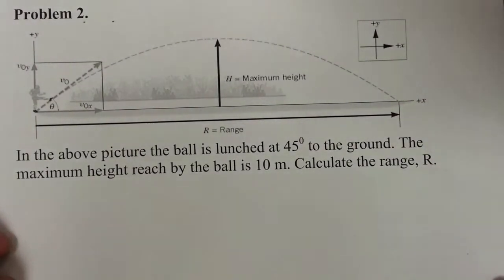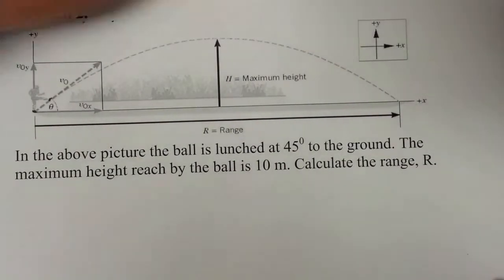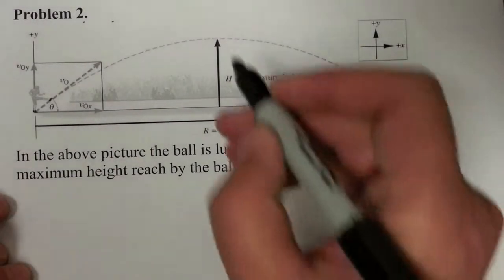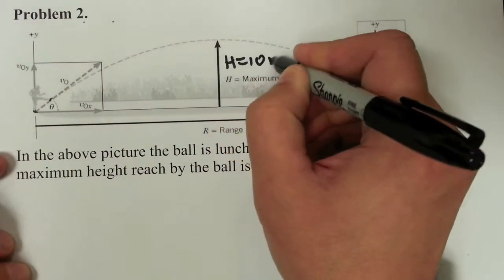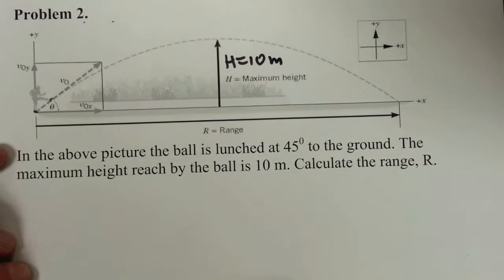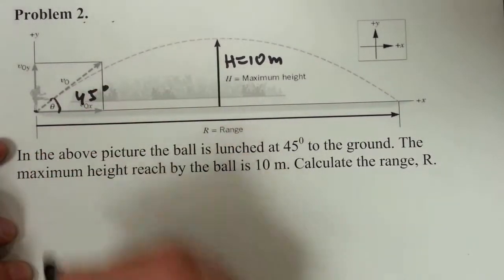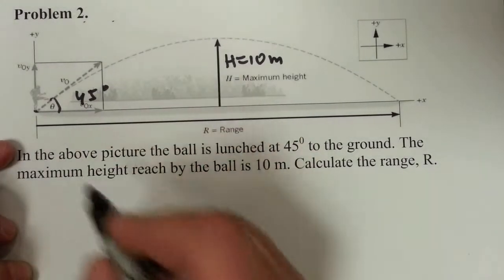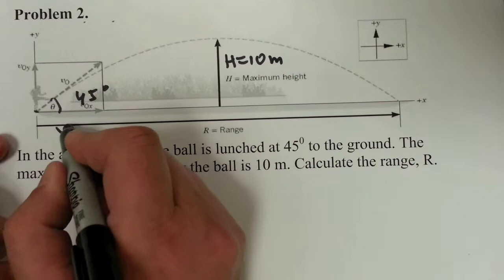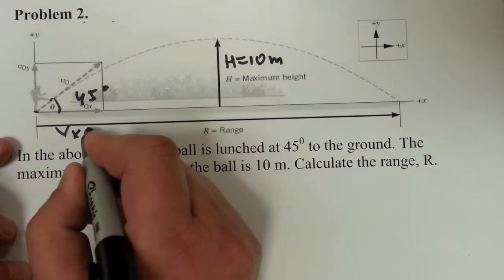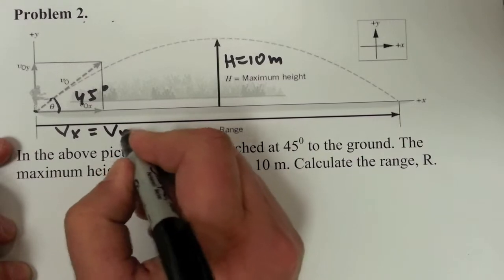This is a problem similar to the one we did in the class. This is 10 meters. For the 45 degrees angle, the x component of velocity will be equal to the y component of the initial velocity.